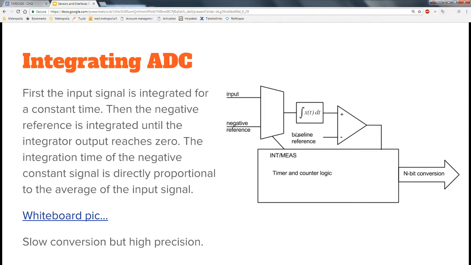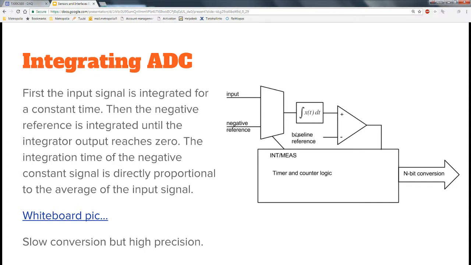But then this integrating A to D conversion actually is quite the opposite to this flash A to D conversion. Basically, this is sluggishly slow, but with high precision, accuracy, and resolution. Fundamentally, it has an analog integrator.